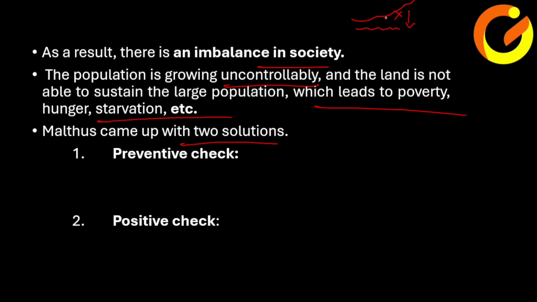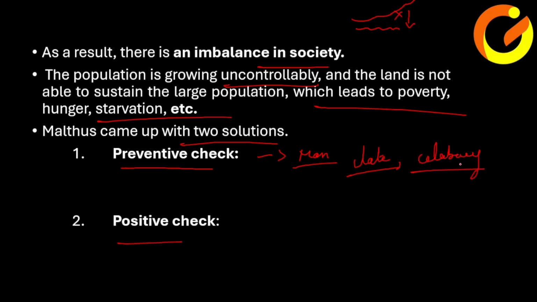If you want to control the population, there are two important checks according to him. One is preventive check, another one is positive check. Be careful, very important. What do you understand by preventive checks here? Preventive checks meaning all are under the control of man, which means man can easily control this. See for example, getting married late, that is late marriages, or following celibacy.